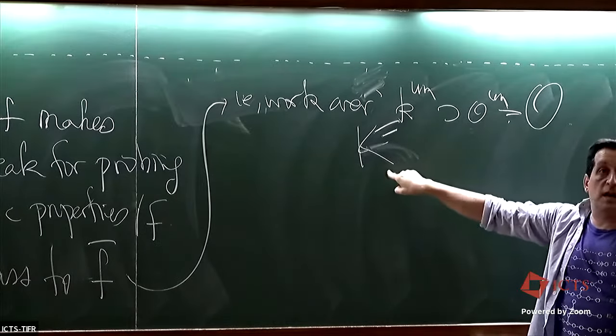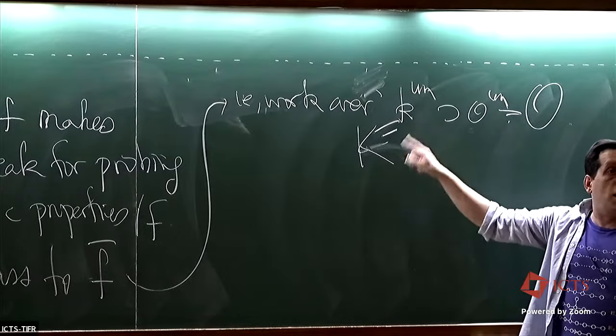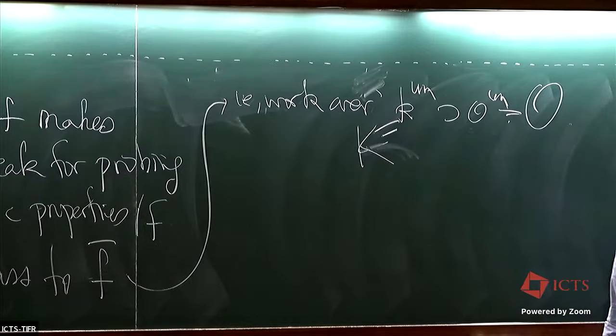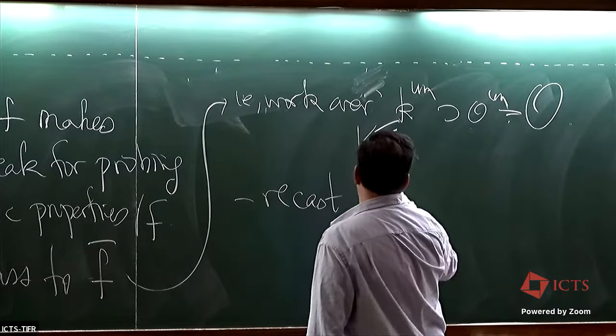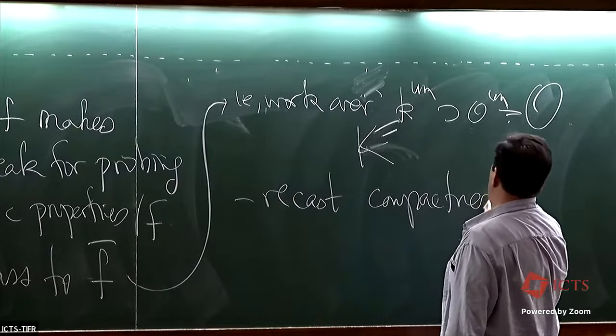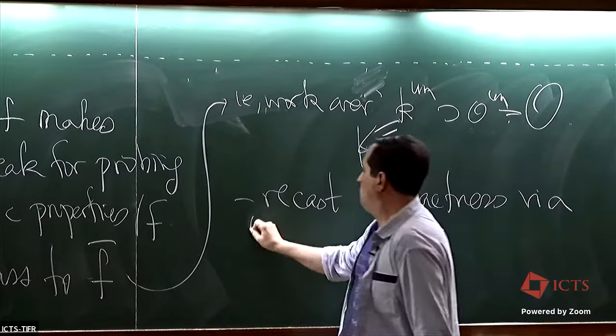We're not studying compact open subgroups because these fields are not locally compact, so compactness is not really the right notion. So to do this, we have to recast compactness via boundedness.